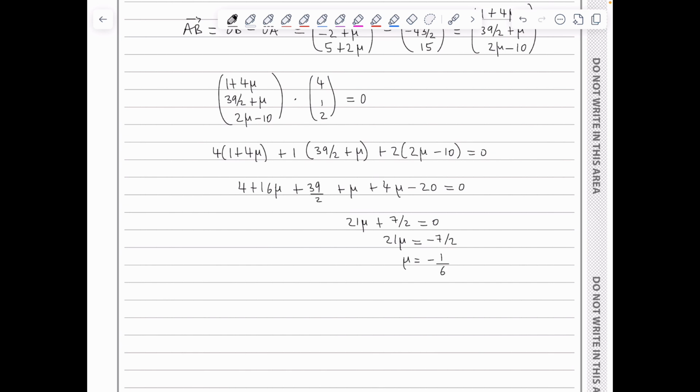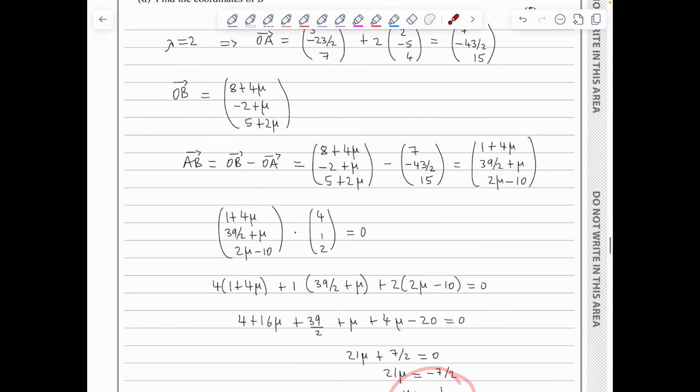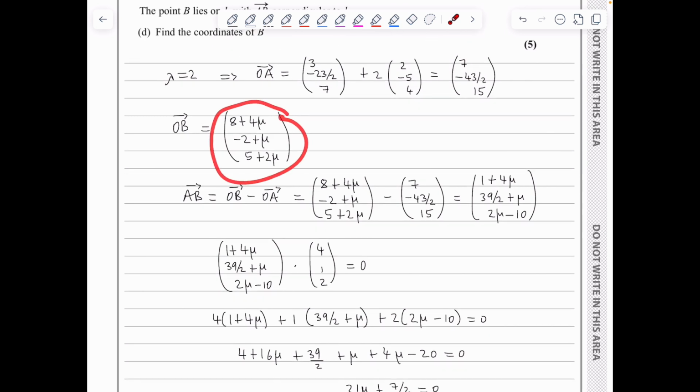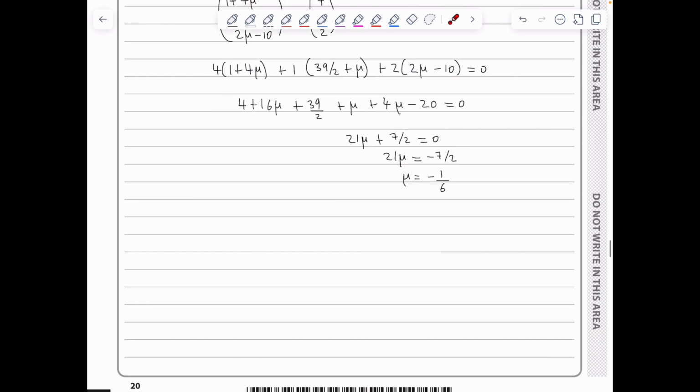So I will simply take the value of mu of negative 1/6, and I will substitute into the expression for OB to get the position vector of point B. So we are looking at OB being equal to (8 + 4 times minus 1/6, -2 + minus 1/6, 5 + 2 times minus 1/6).